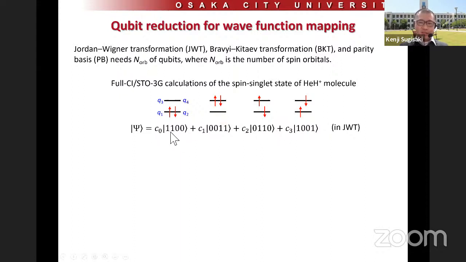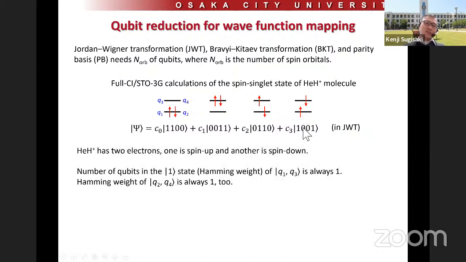The wave function can be represented by a linear combination of the 1100 state, which corresponds to the Hartree-Fock determinant, the 0011 configuration, which corresponds to the 2-electron excited configuration from the Hartree-Fock wave function, and also the 0110 state and the 1001 state in Jordan-Wigner cases.